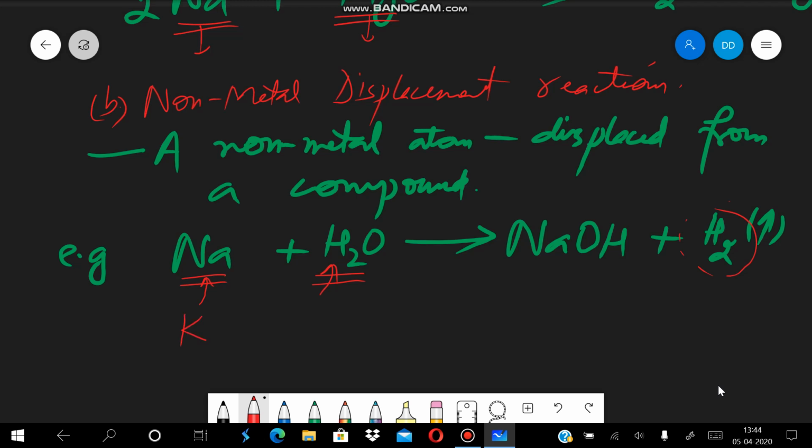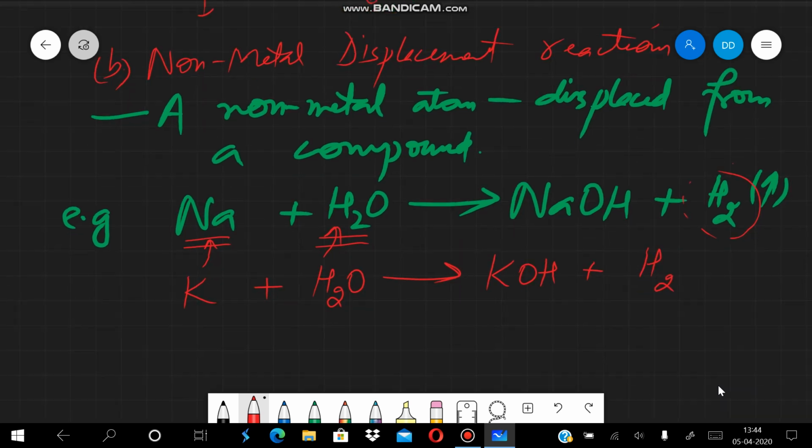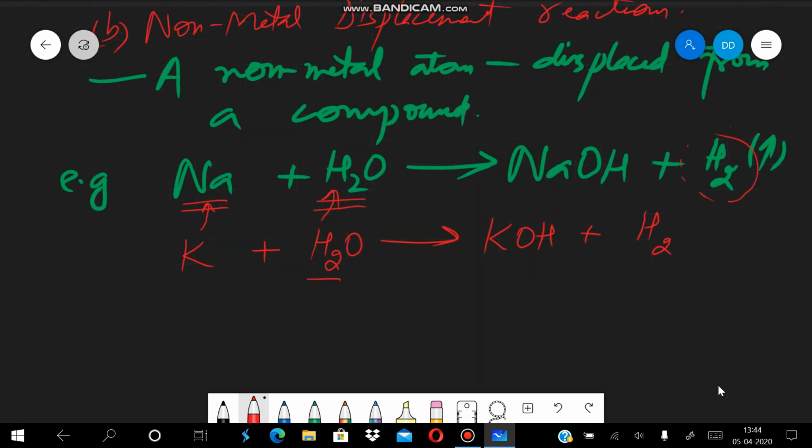Similarly, if potassium is treated with water, we get potassium hydroxide and dihydrogen gas as a product. In this case also, a non-metal, hydrogen, is being displaced by a metal which is more reactive.